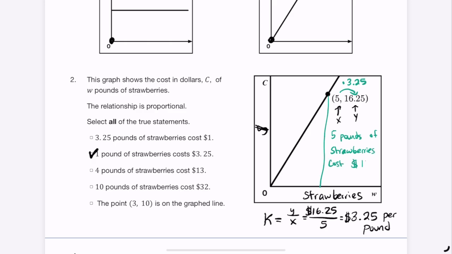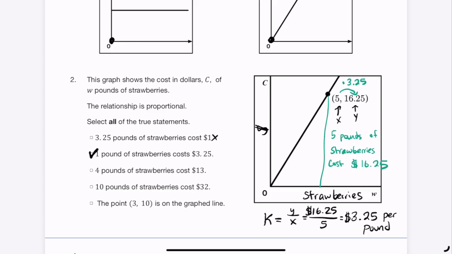So the cost for 1 pound is more than $1. You just want to pay attention, when you're doing y divided by x, to the units you're talking about. In this case, the dollar sign, since that's associated with my y-axis, divided by the strawberries, the x-axis. So yes to that one, no to this one.